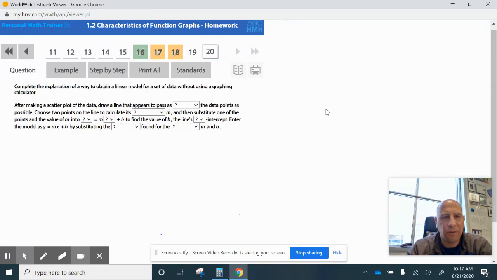Complete the explanation of a way to obtain a linear model for a set of data without using a graphing calculator. After making a scatter plot of the data, draw a line that appears to pass as close to the data points as possible.